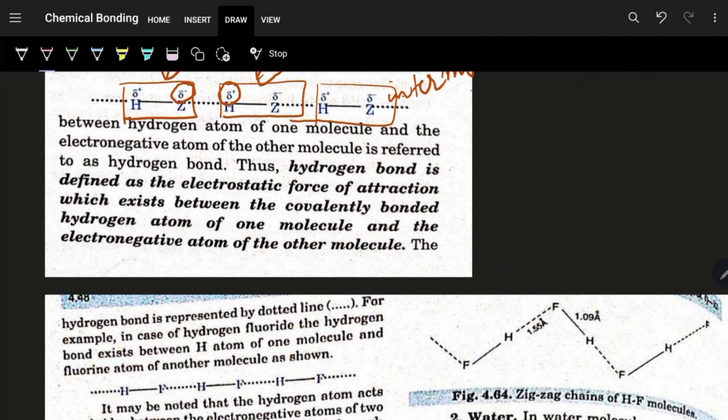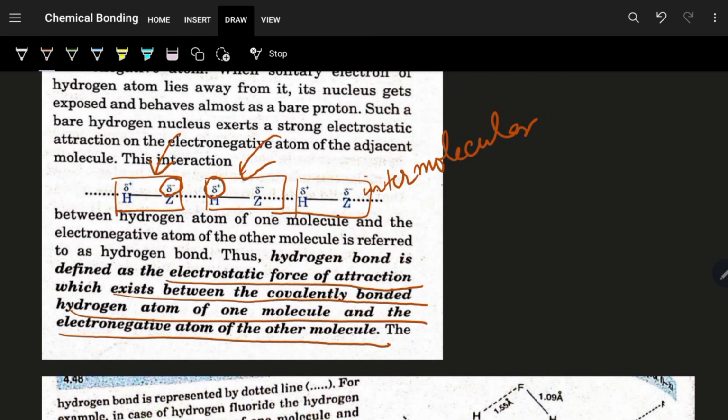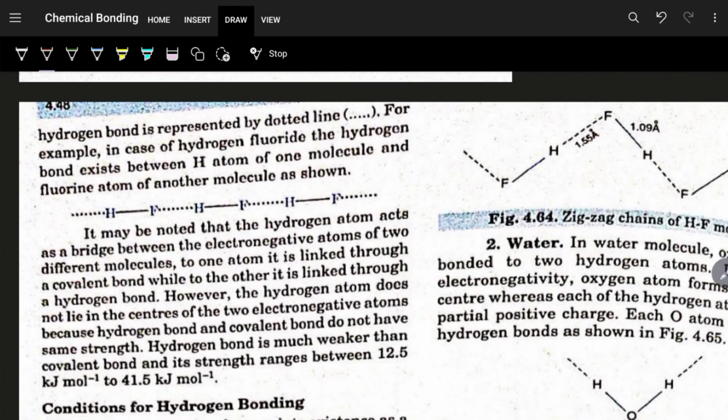It is a type of electrostatic force of attraction existing between the covalently bonded hydrogen atom of one molecule and the electronegative atom of the other molecule. So this type of interaction is intermolecular. There are other types as well, like intramolecular.